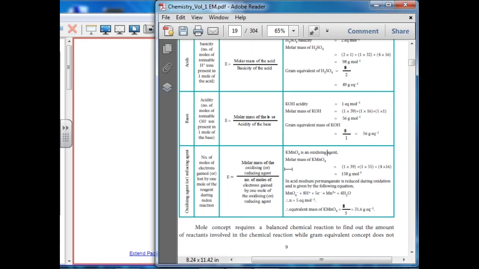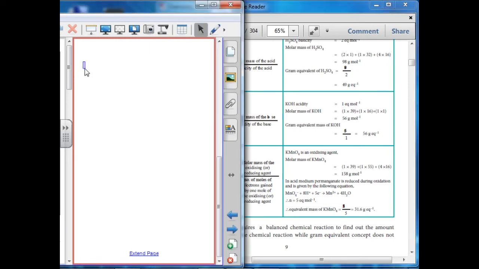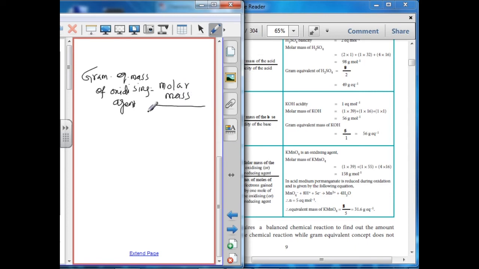Now we are going to calculate for the oxidizing agent or reducing agent. The formula for the gram equivalent mass of an oxidizing agent is: gram equivalent mass of oxidizing agent equal to molar mass divided by the number of electrons accepted by a single molecule or ion.